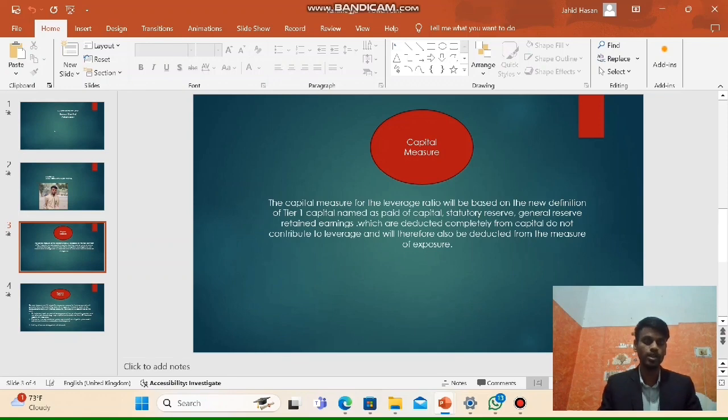Then we have to know what the capital measure is. The capital measure for the leverage ratio is the tier 1 capital of the risk based capital framework as defined in the Basel III framework. So we can say that the capital measure for the leverage ratio at a particular point in time is the applicable tier 1 capital measure at the time under the risk based framework.